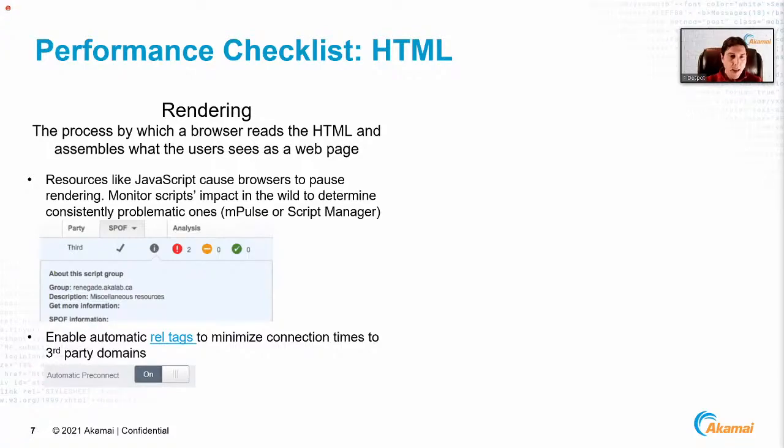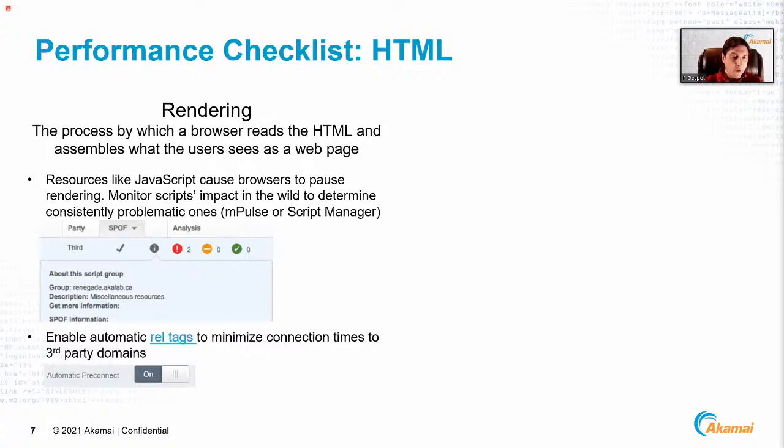And as it relates to performance, we should really take a look at what JavaScripts we're downloading. As a lot of you might know, JavaScript is blocking. So when a browser or client gets the HTML, it's going to kind of stop what it's doing while it gets and executes the JavaScript.